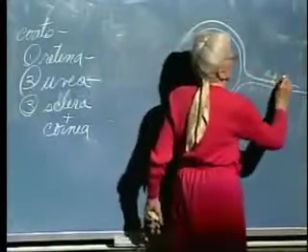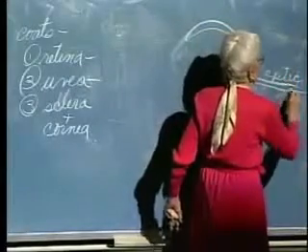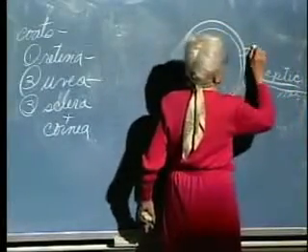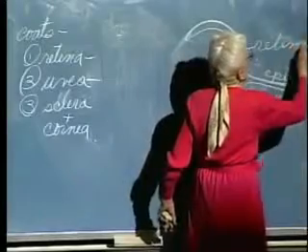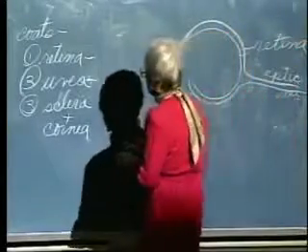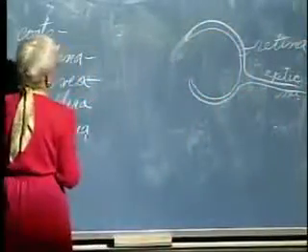So this is our optic nerve. This is our retina. And so we can start putting on our coats. Let's put on the uvea.